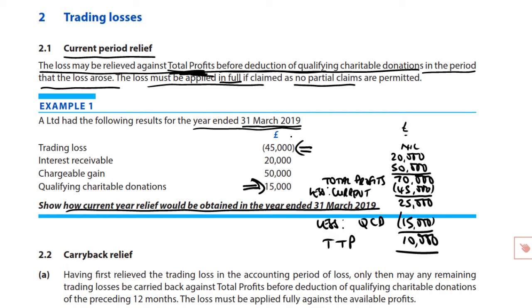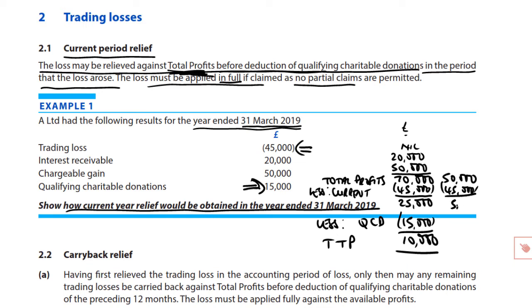Right, now remember these claims in the current period, and then as we've seen carry back relief, a 12-month carry back, they are in full, can't be partial, and go against total profits. So if, for example, here, the total profits that we were dealing with had been, say, £50,000, you would take out your current period claim, that's your £45,000 loss.